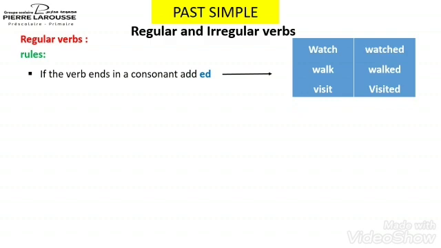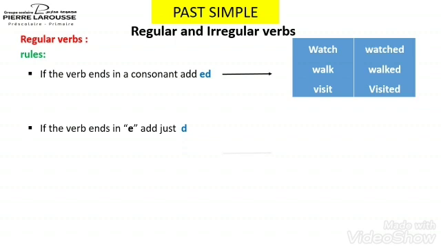So here we have those verbs that end in a consonant. The first verb ends in h, watch, watched, walk, walked, ends with k, and visit ends with t, so we add ed. Next, if the verb ends in e, add just d.